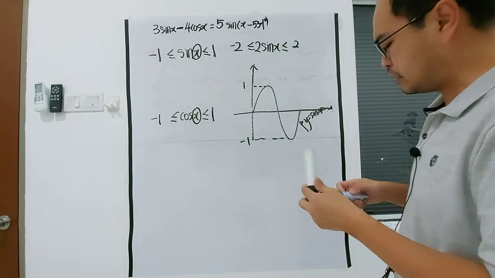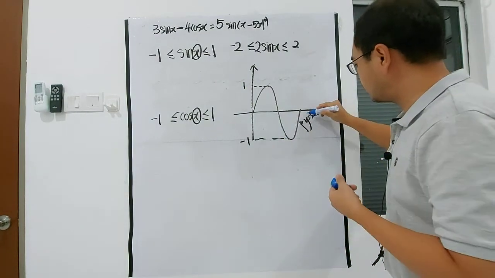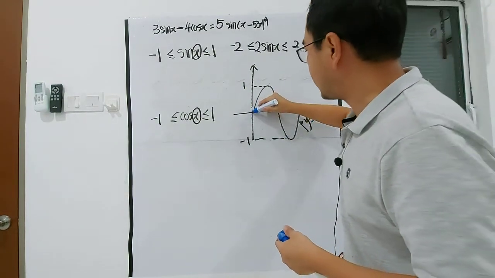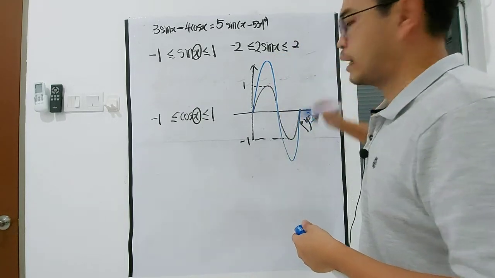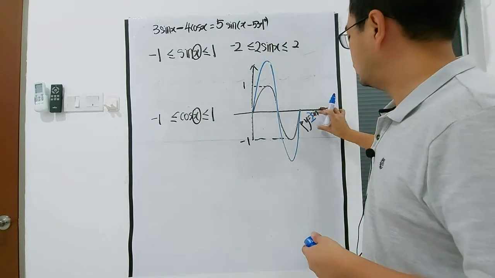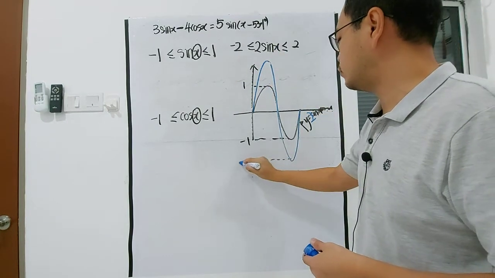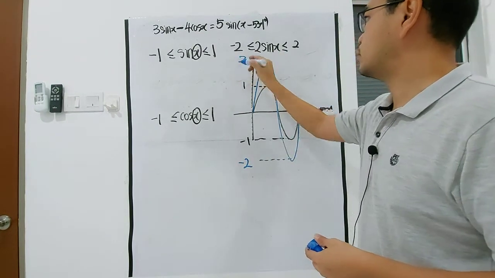If I multiply the sine x by 2, of course the amplitude of the graph will also double up. Here is 2, so the minimum will become -2 and the maximum becomes 2.